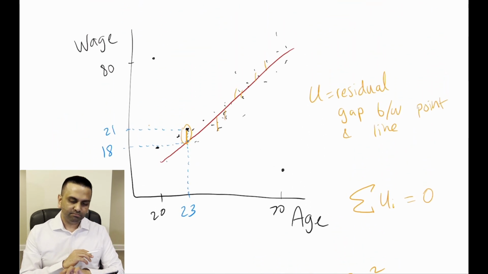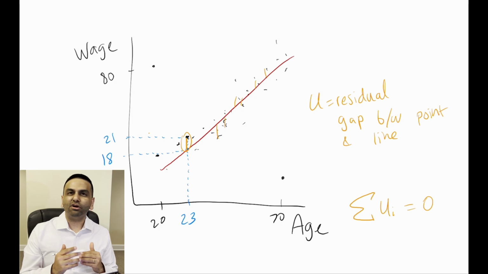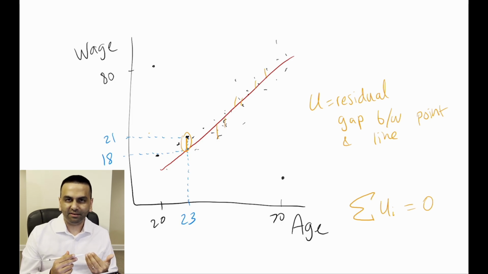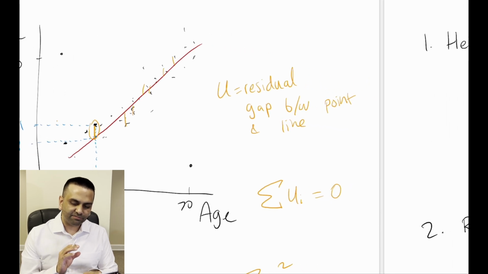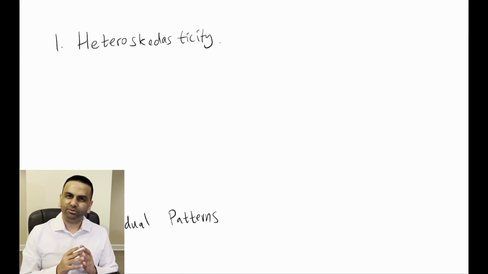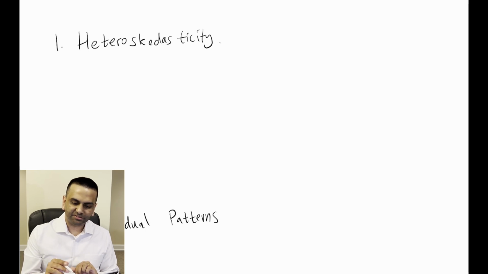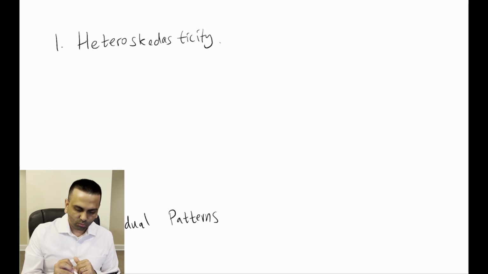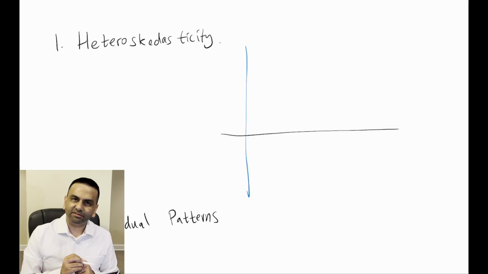Now, in this whole regression process, there are a couple of assumptions that we make. A lot of them are just technical math things, but I'm going to focus on 2 of them. One is that there is no heteroscedasticity. So what is heteroscedasticity? One interesting thing to do with regression is to plot out the residuals themselves.